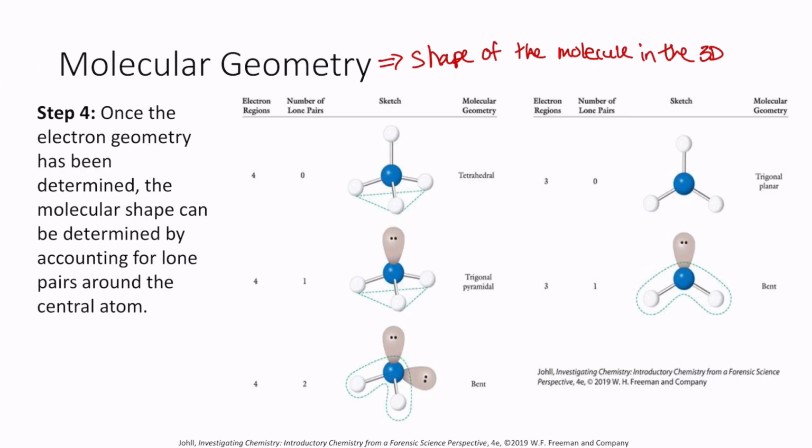When I look at my molecular geometry table, I can look at my electron regions of 4. With ammonia, I only have one lone pair. So I'm going to look at the electron region of 4 with one lone pair, and that will give me my molecular geometry.